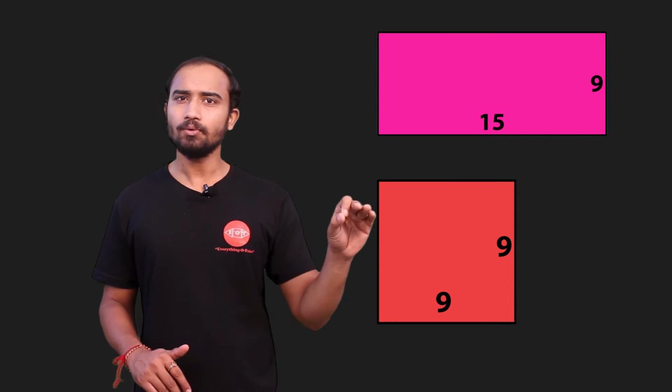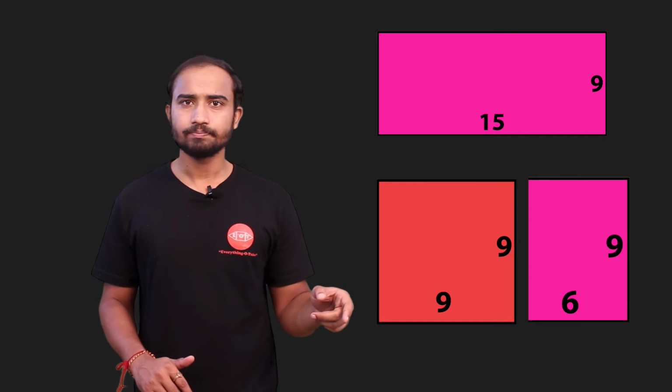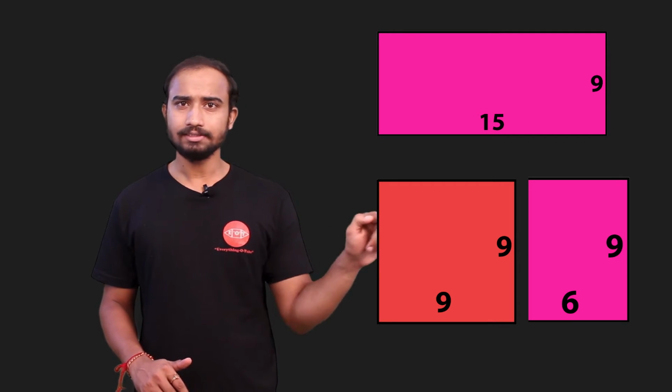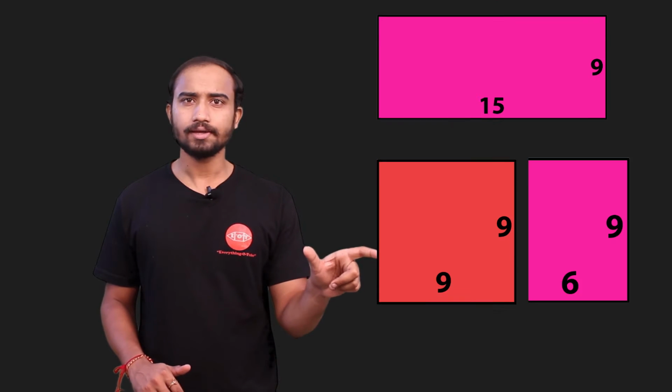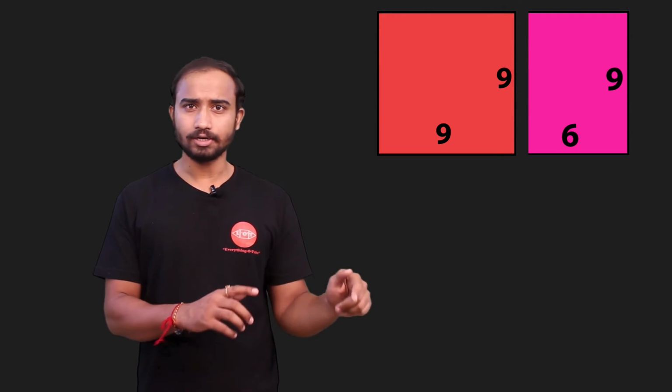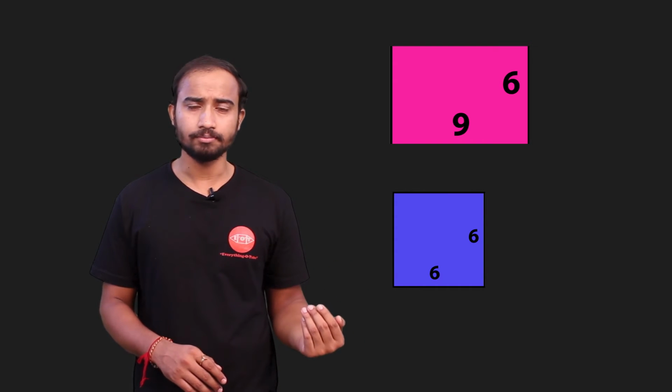So again this section has been removed. What we get now is 9 subtracted from 15, so the remaining is 6, and the upper side remains 9. Now we again have a quadrilateral space which is 6 by 9. Now we cut out a square of size 6 by 6 from the figure.